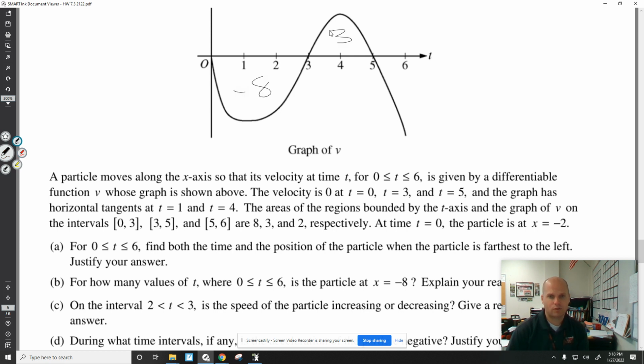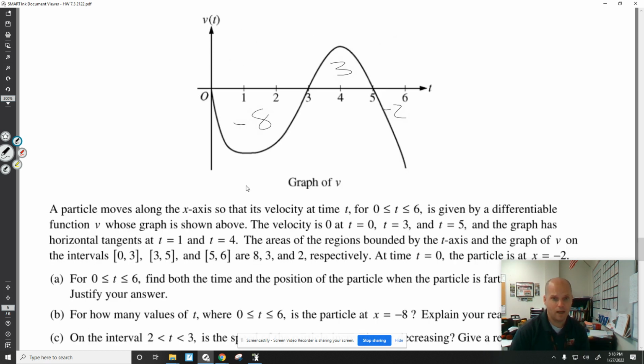Left 8, right 3, left 2. What am I furthest to the left? My furthest to the left is X of 3. What's the position? I started at a position of negative 2. I went to the left 8, so negative 2 plus negative 8 is negative 10.